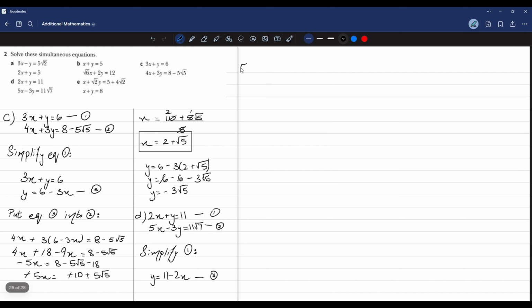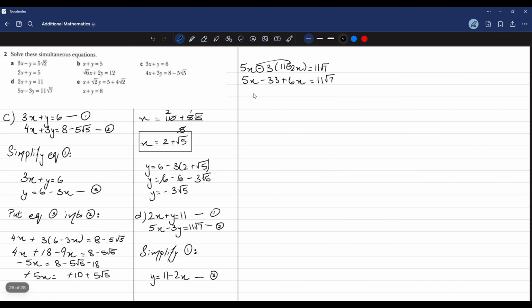So 5x minus 3 multiplied by 11 minus 2x is equal to 11 root 7. 5x minus 33, in fact plus, because negative multiplied by negative is positive, 3 times 2x is 6x, is equal to 11 root 7.